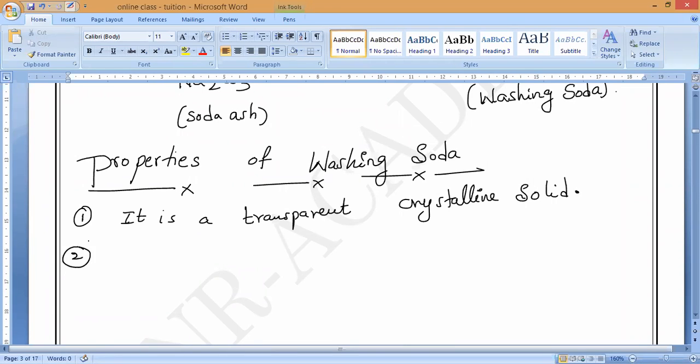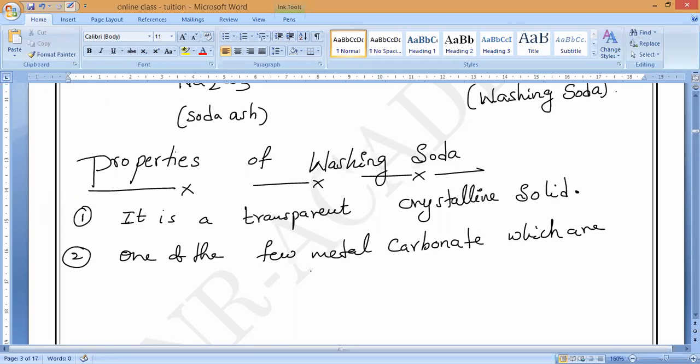Next, the second one. All of you write it. Washing soda is one of the few metal carbonates which are soluble in water. Why is it called a metal carbonate? Sodium is the metal, and it contains carbonate.